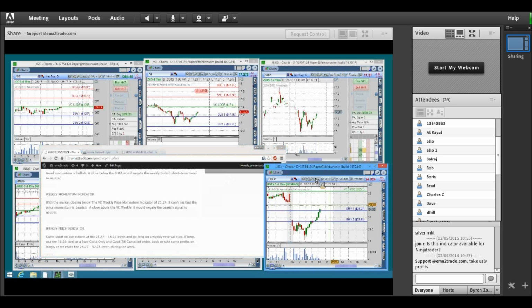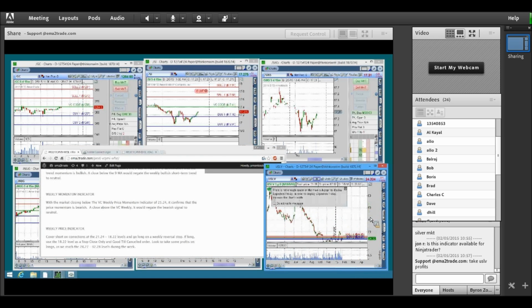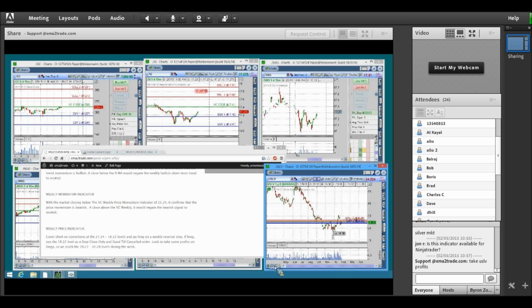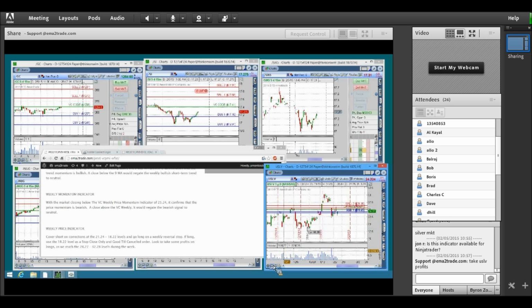And if we look at the daily report, we're going to be able to see what happened since this report was published on the 30th, which is Saturday based on Friday's close of the 29th.